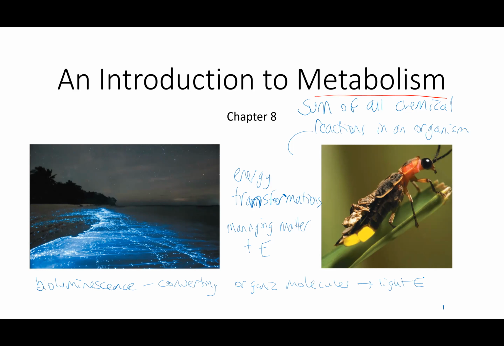For a reason, not just for fun, not just because it's cool. In the book example in the introduction, it talks about click beetles, and click beetles eat termites. So they produce this bioluminescence, and that light will attract termites to come to them, and then they eat them. Fireflies, lightning bugs are producing light to attract mates.